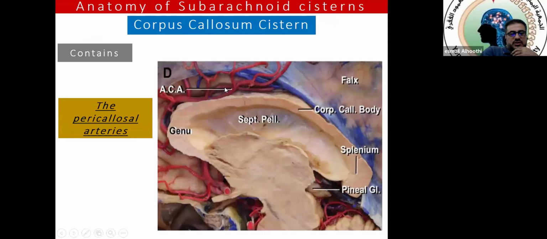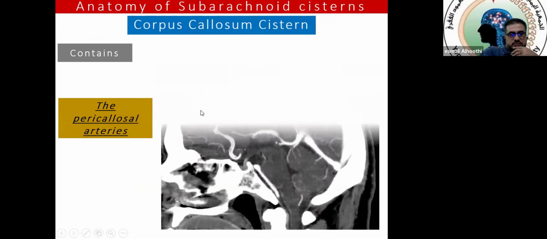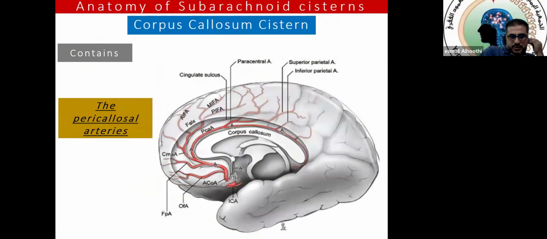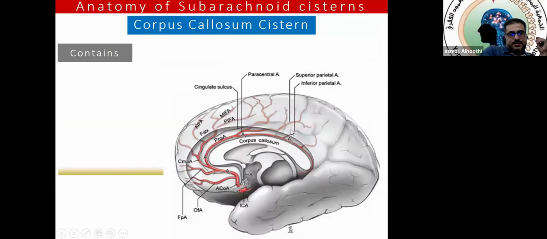The contents of the corpus callosum cistern are the pericallosal artery, the branch of the anterior cerebral artery. As you see, the anterior cerebral artery goes through the corpus callosum cistern and divides into the pericallosal artery.